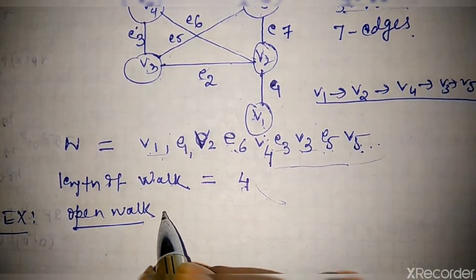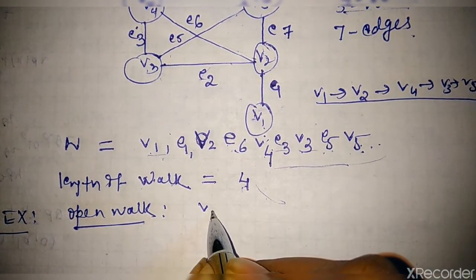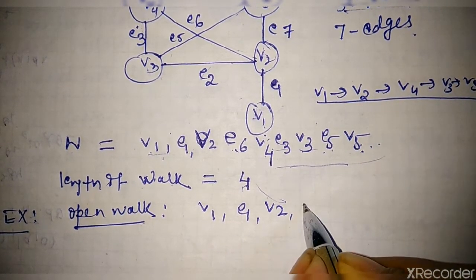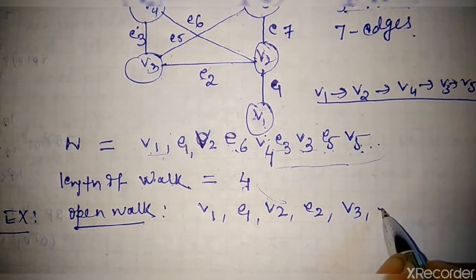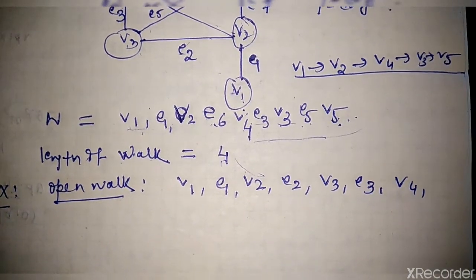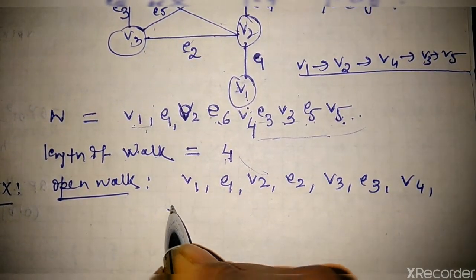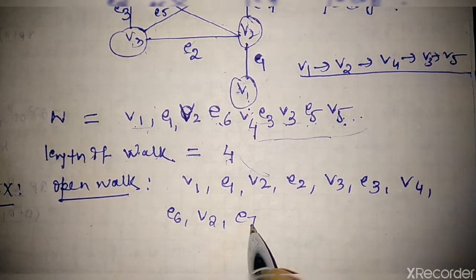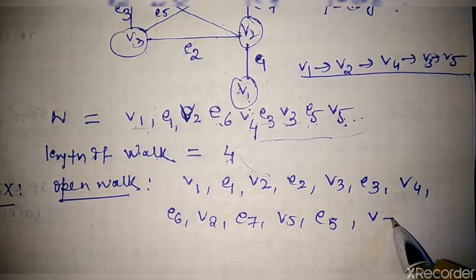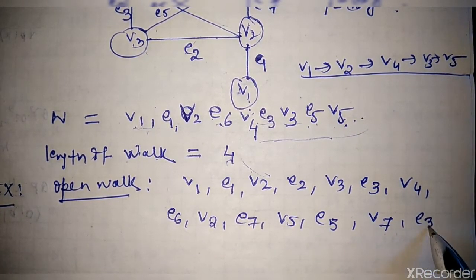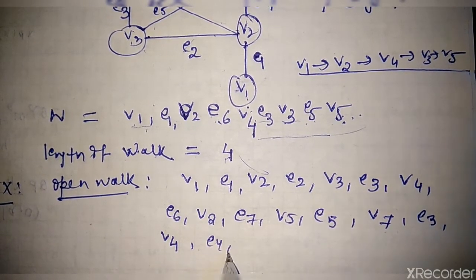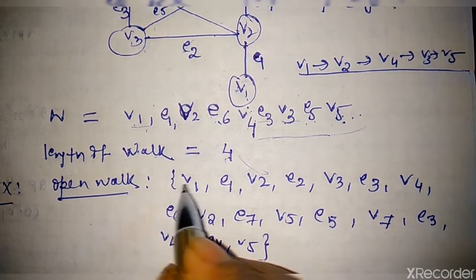Here in the open walk we will write: V1, E1, V2, then E2, then V3, E3, then V4, then E4 and V5.